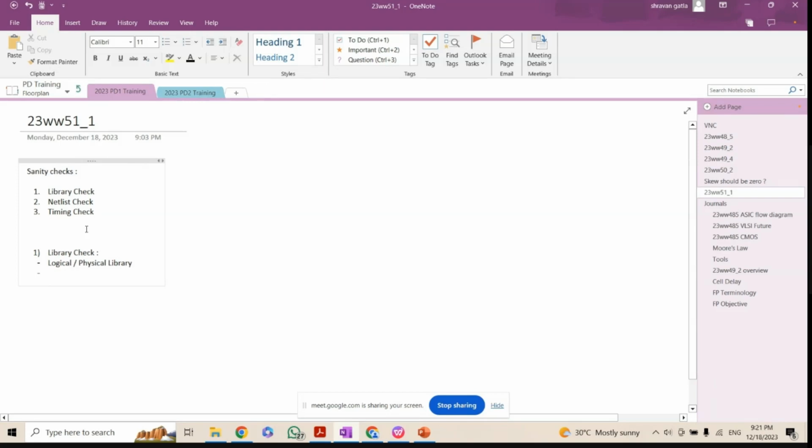Then you need to go to the partitioning itself. Maybe if they give the partition a very weird shape like this, maybe this time they will give some square shape. This also affects the timing actually. If they give this square shape, you will have good routing resources.